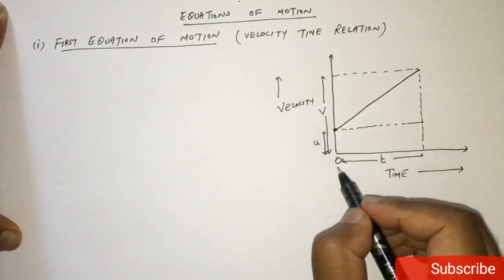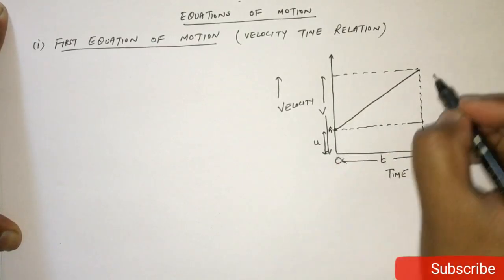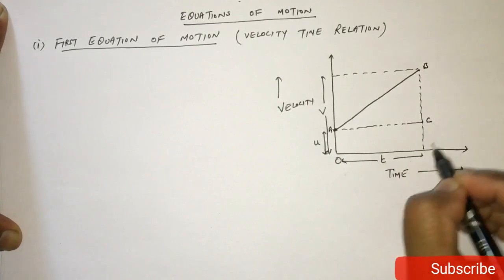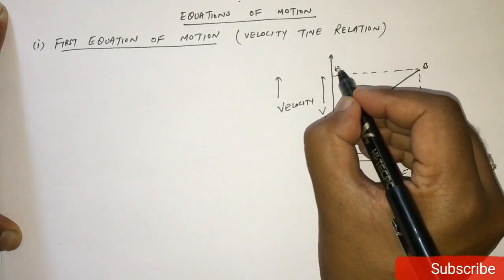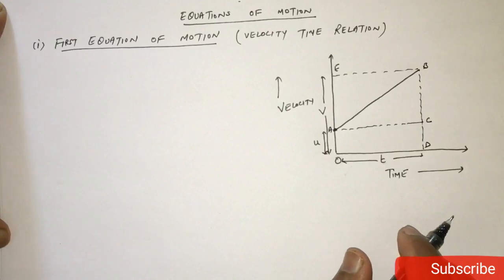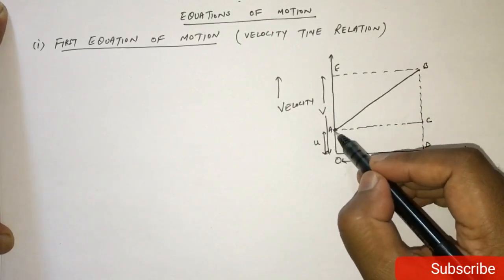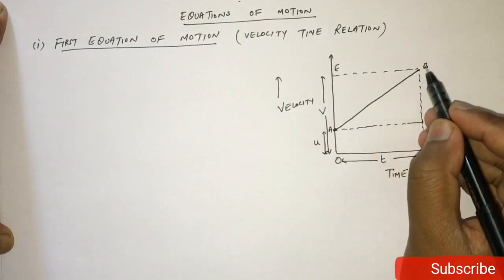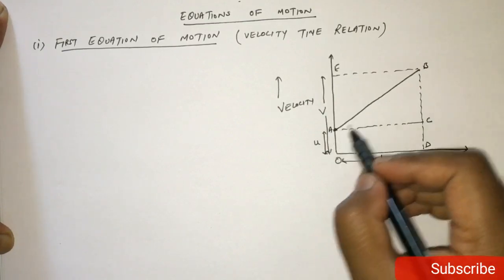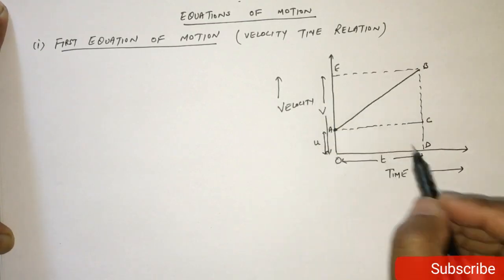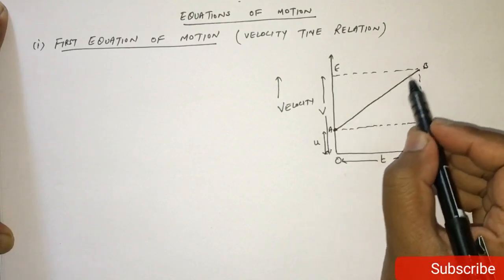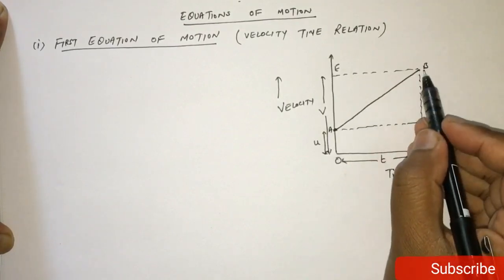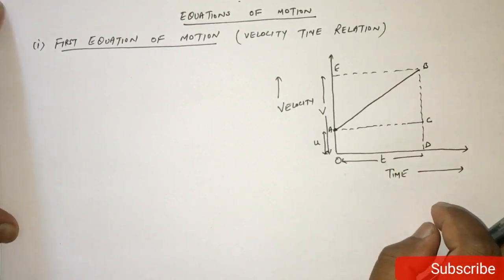Now let us mark the points O, A, B, C, D and E. Now AB, the slope, represents the acceleration. We know that a straight line in a velocity time graph represents uniform acceleration, meaning the slope of the graph represents acceleration. Clear?